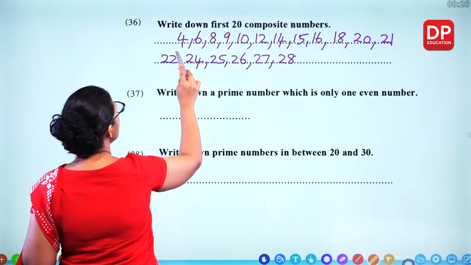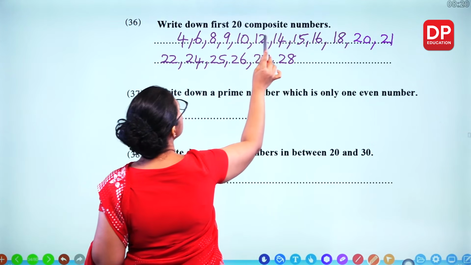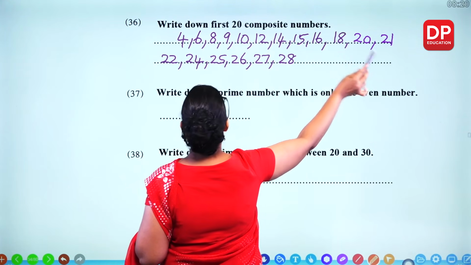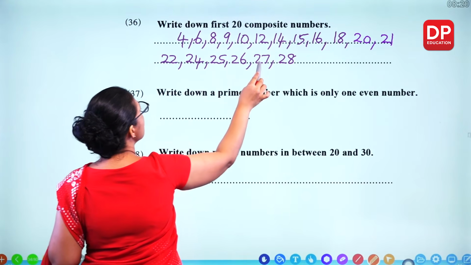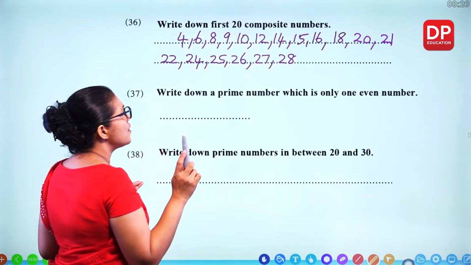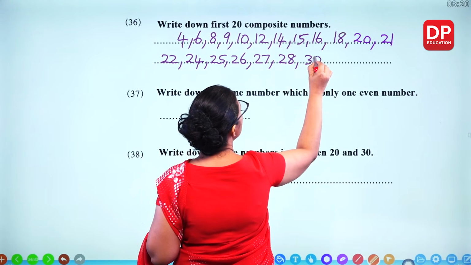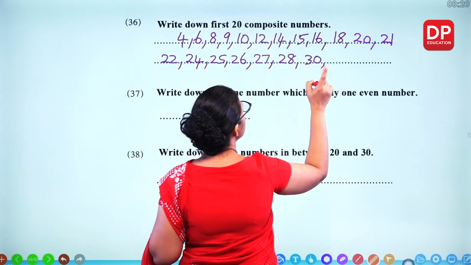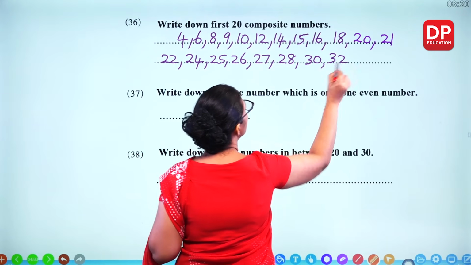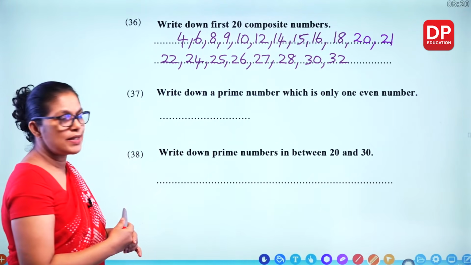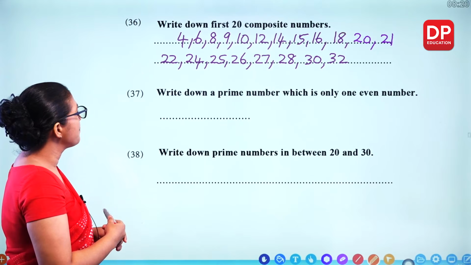See how many numbers we wrote? 1, 2, 3, 4, 5, 6, 7, 8, 9, 10, 11, 12, 13, 14, 15, 16, 17, 18. Another 2. 29 we can't. 30 and 31 you can't. 32. So those are the first 20 composite numbers.